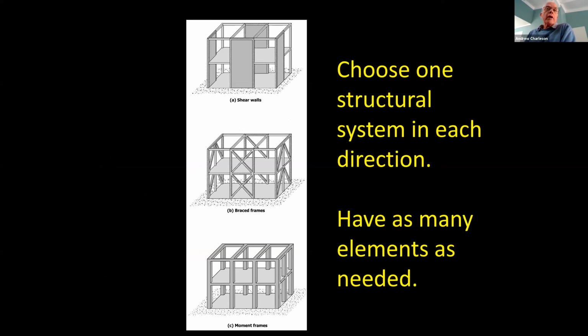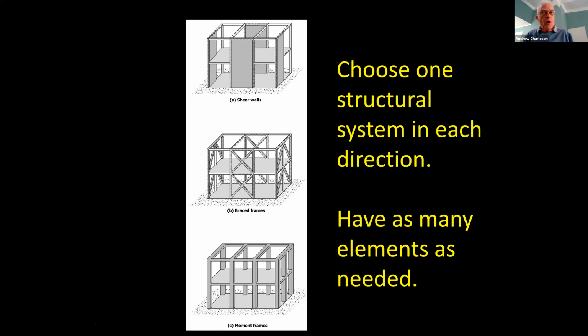So the next principle of earthquake-safe buildings is that you as a designer have to choose one of these three structural systems for each of your directions in plan in your building. So you have to choose, and you make your choice based on your program and your design idea.